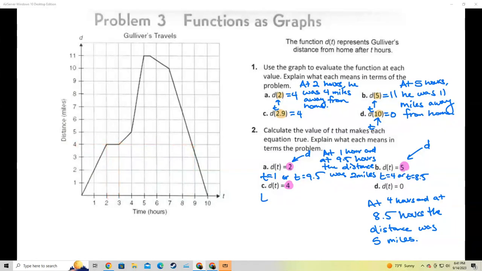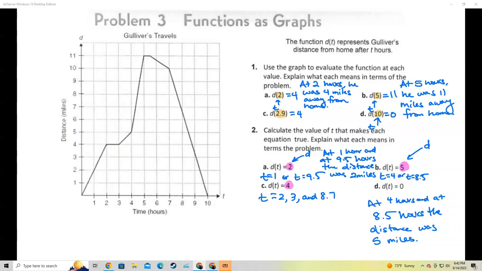So t equals 2, 3, and 8.7. And the sentence would say at 2 hours, 3 hours, and at 8.7 hours, the distance was 4 miles away.